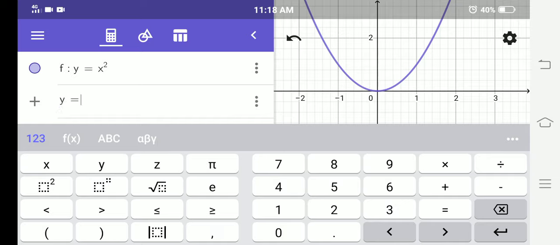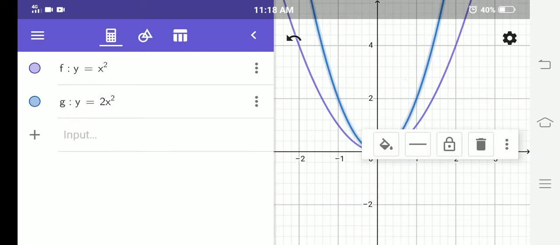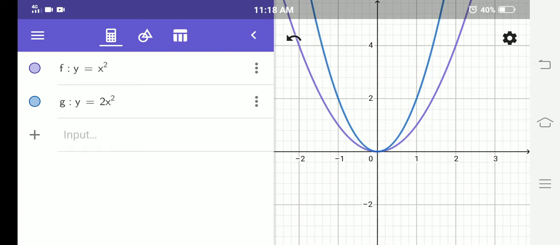Observe the changes. Y is equal to x squared, gawin natin yan 2 instead. Ano nangyari? Yung una, initially, yan yung itsura natin, y is equal to x squared. Nung ginawa nating 2x squared, naging ganito na ang parabola.